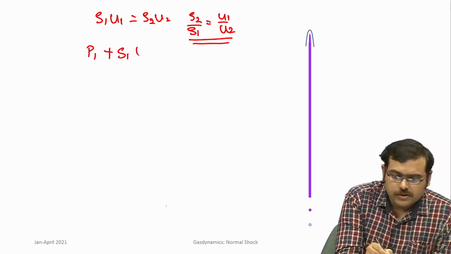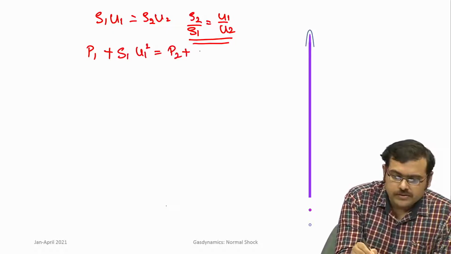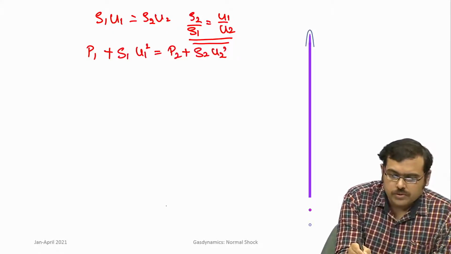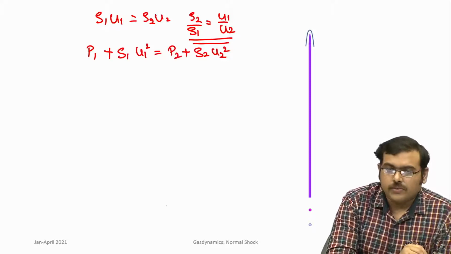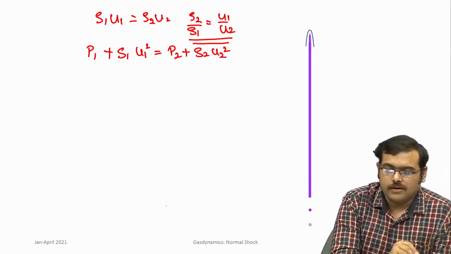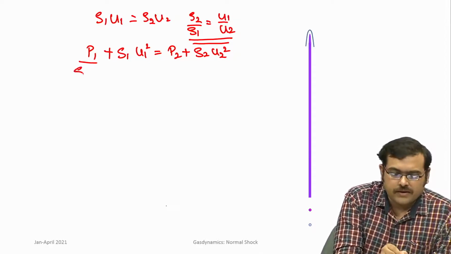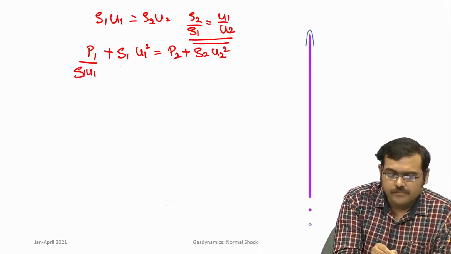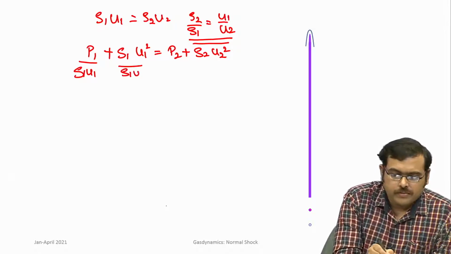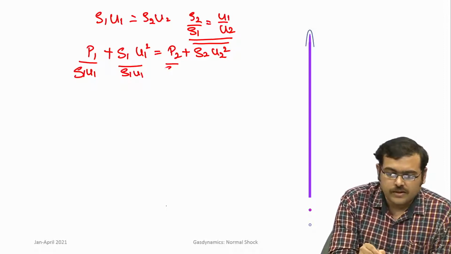So if you consider the momentum equation, P1 plus rho 1 u1 square equals P2 plus rho 2 u2 square, and divide this by the corresponding mass conservation equation. So I divide everything by the mass flow, but mass flow is constant, so I can divide this because rho 1 u1 equals rho 2 u2.